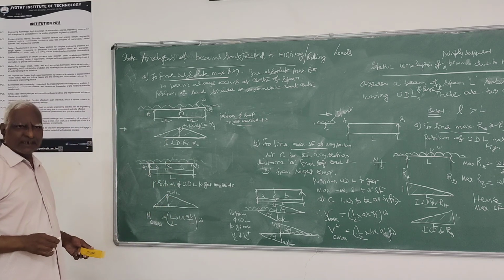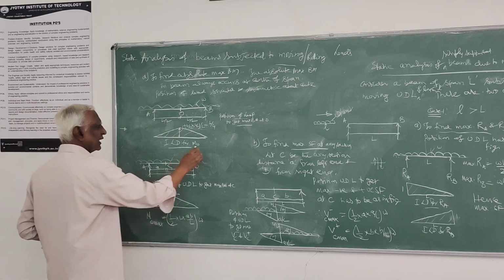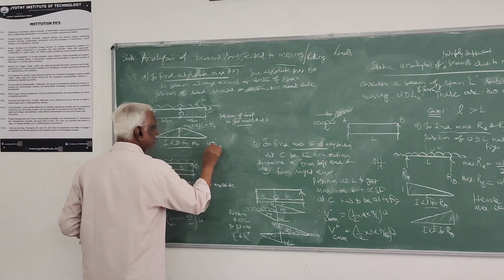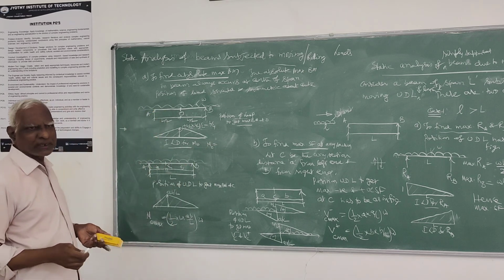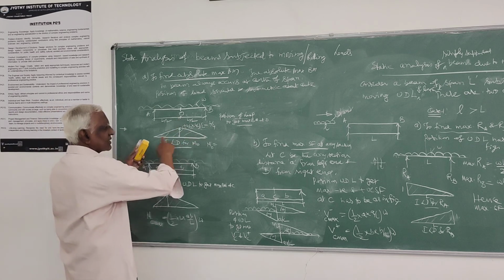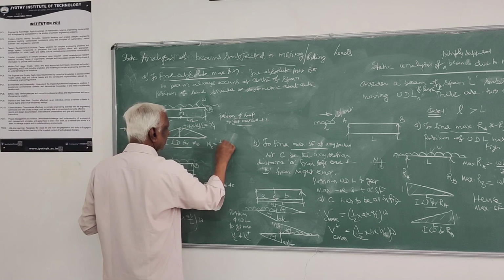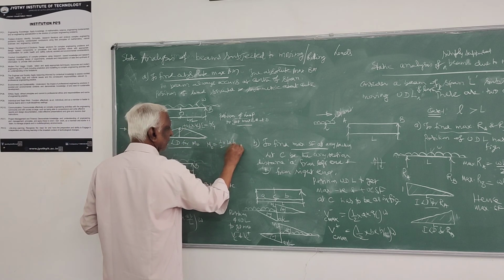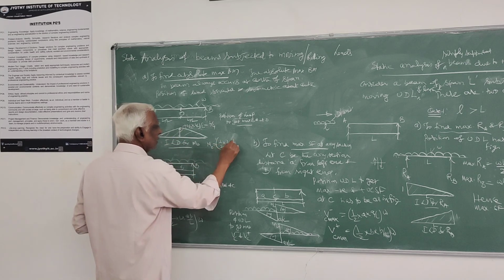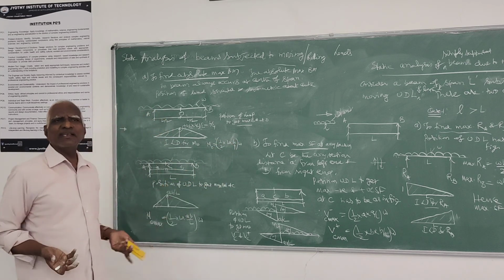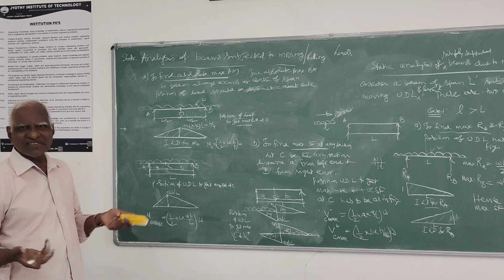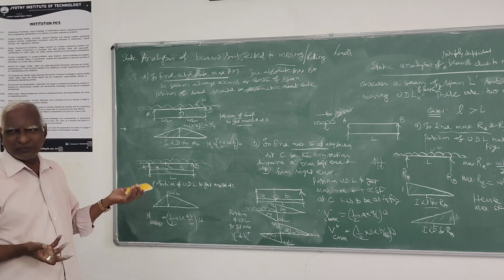So you can calculate the value of MO, which is the absolute maximum bending moment. The area of this triangle, that is half into L into L by 4, into W. That's the absolute maximum bending moment.